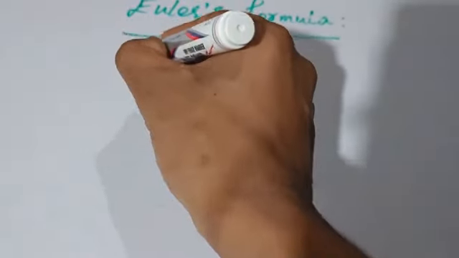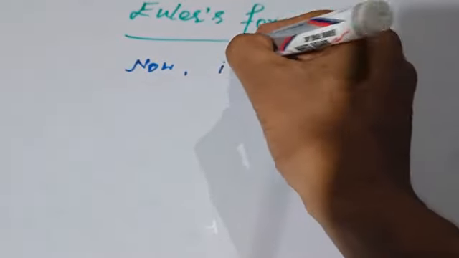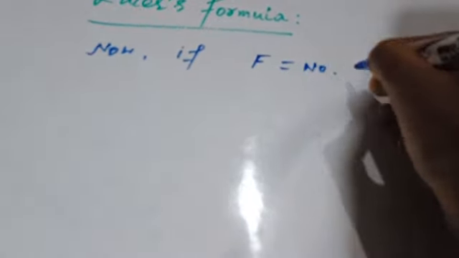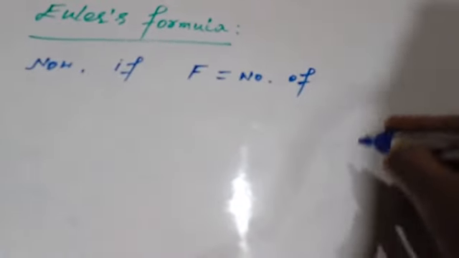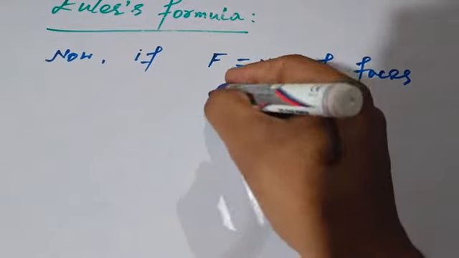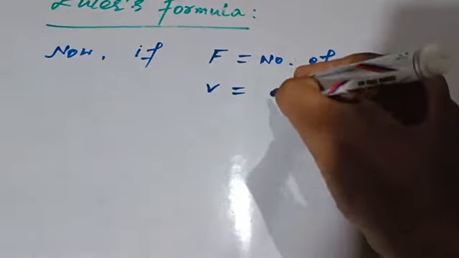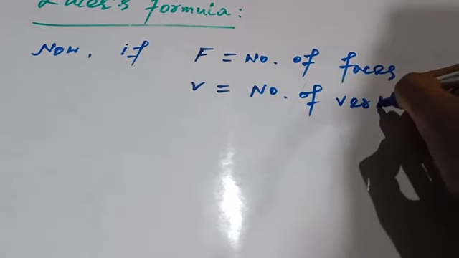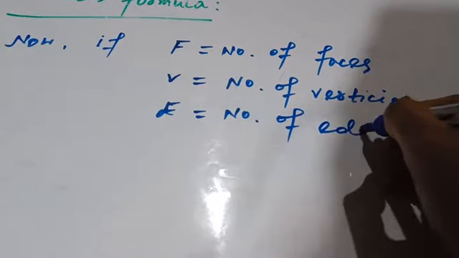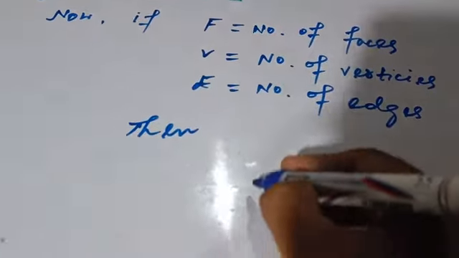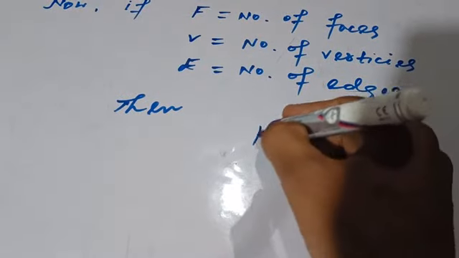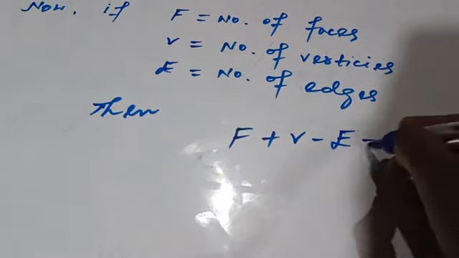Now students, let's write the actual formula. If F represents the number of faces of any polyhedron, V represents the number of vertices, and E represents the number of edges, then by Euler's formula, F plus V minus E is equal to 2.